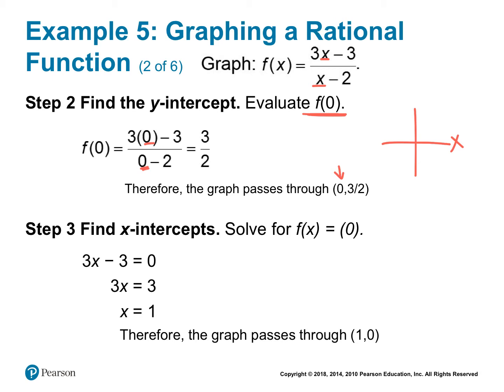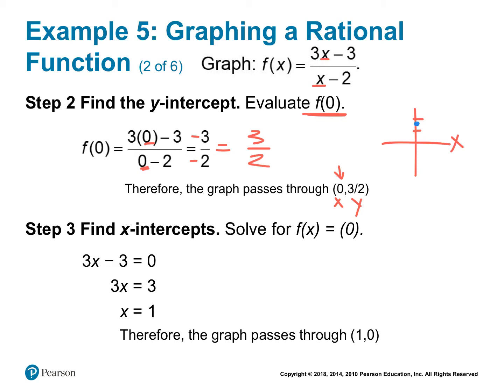So you end up with 0 minus 3 is negative 3, over 0 minus 2 is negative 2, so that just becomes 3 over 2. So when the x is 0, the y is 3 over 2, which is 1.5. So that means it crosses right there.